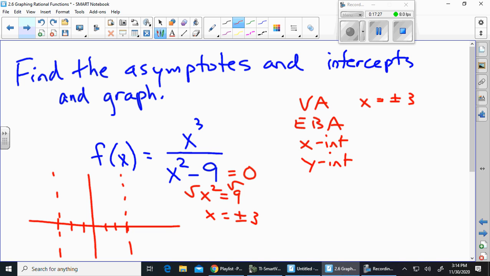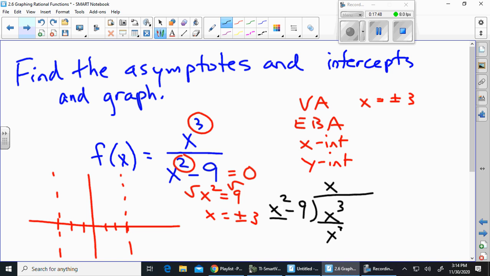End behavior, the top is bigger than the bottom. So I got to divide. X cubed divided by x squared minus 9. What do you multiply x squared by to get x cubed? X. That gives you x cubed minus 9x. When you subtract, you get 9x. That's a remainder.